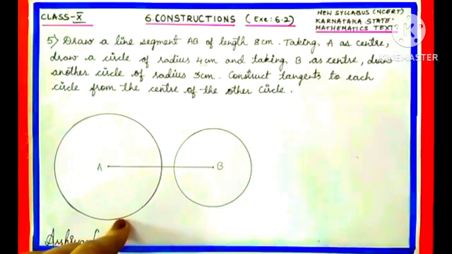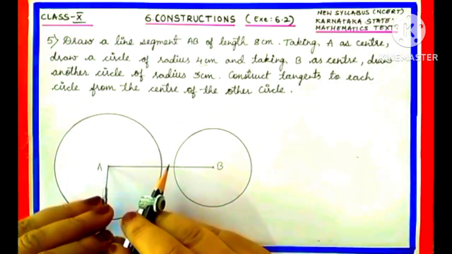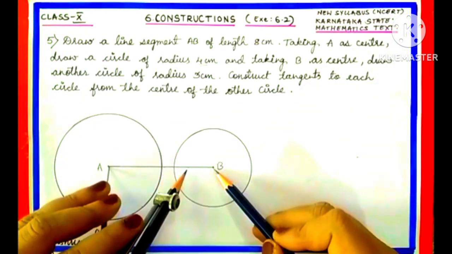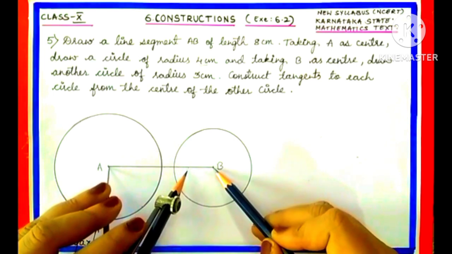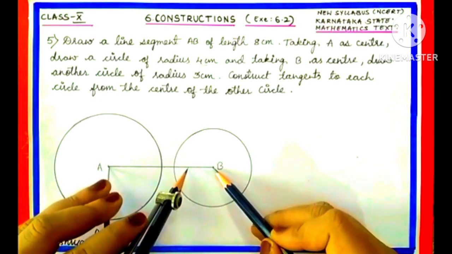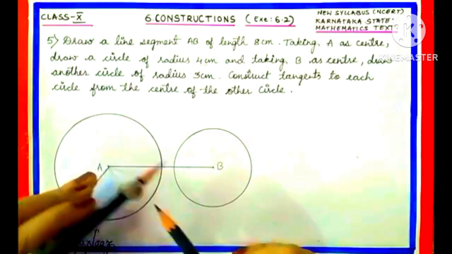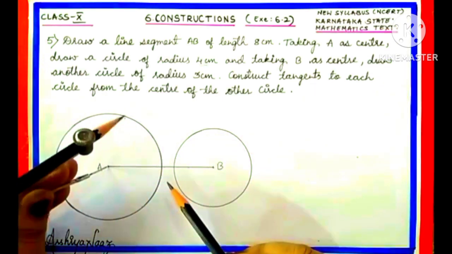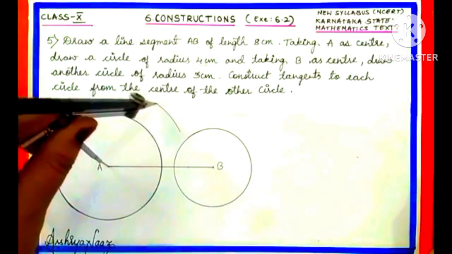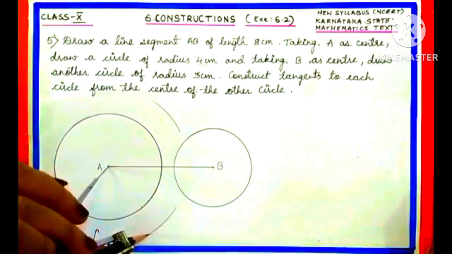So let us do it. Now take the radius more than half of line AB. Then draw the arcs above the line and below the line. First let us start from point A. Draw the arcs like this.